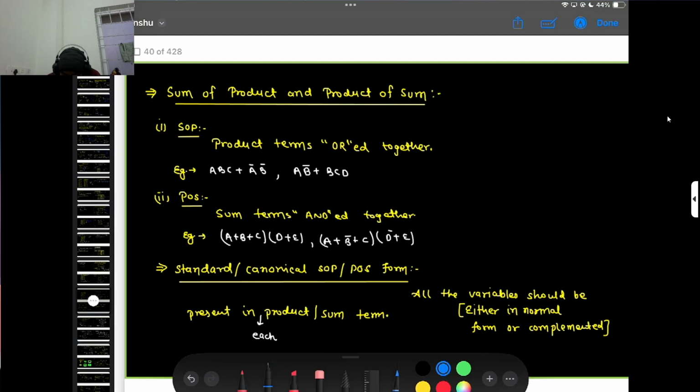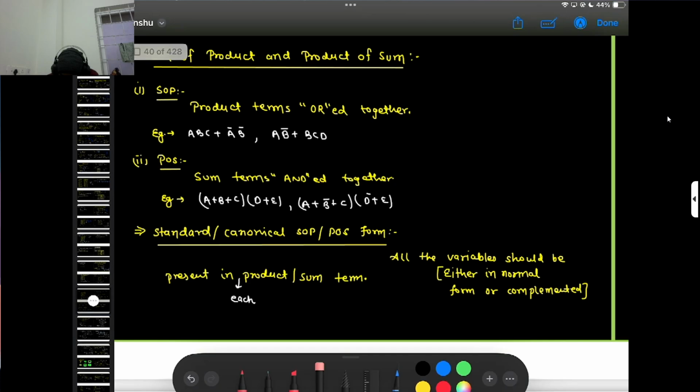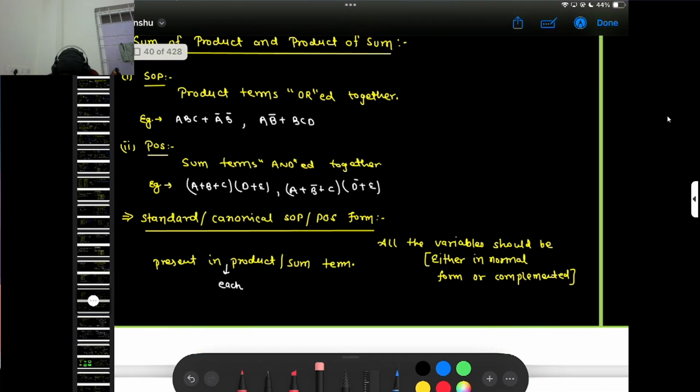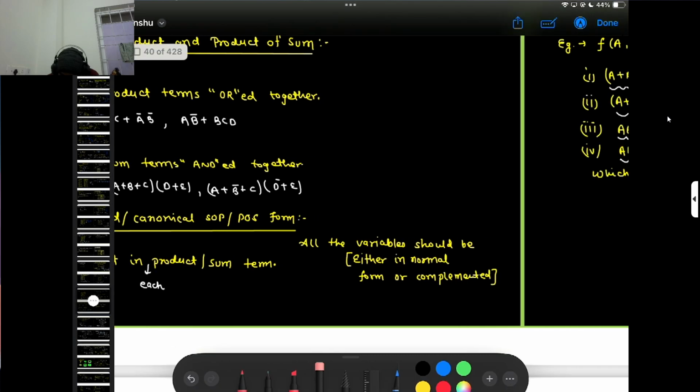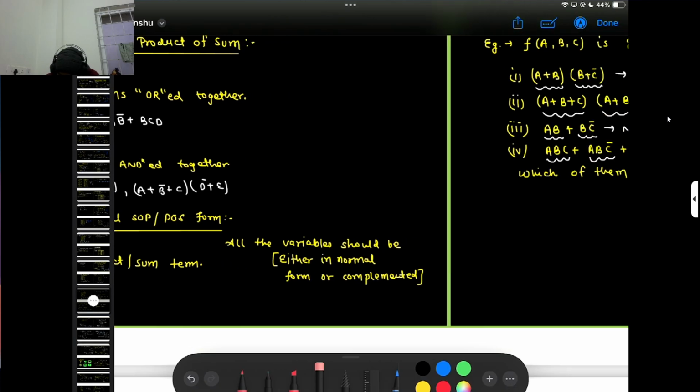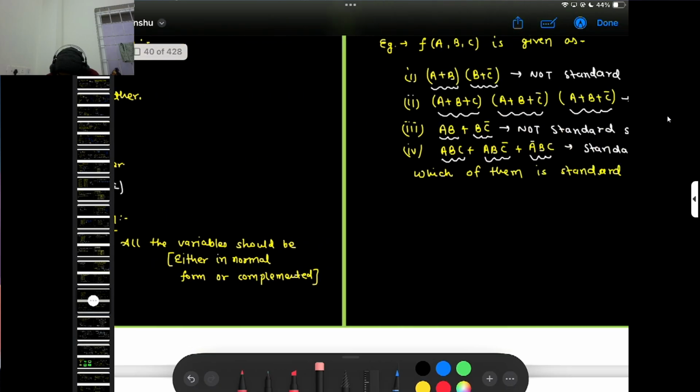Sum of product and product of sum: in SOP, product terms are added together, like ABC; that is SOP form and POS form. In SOP the inner operation is the product and the outer is the summation; in POS, the inner is the summation and the outer is the AND operation. In standard canonical SOP and POS form, each product or sum term must have all the variables, either in normal form or complemented.